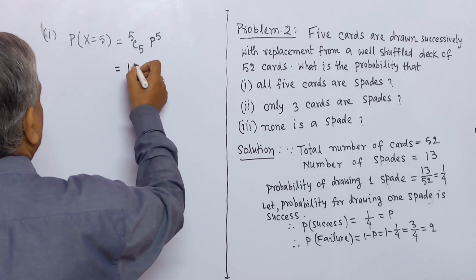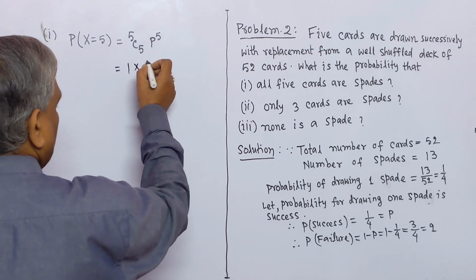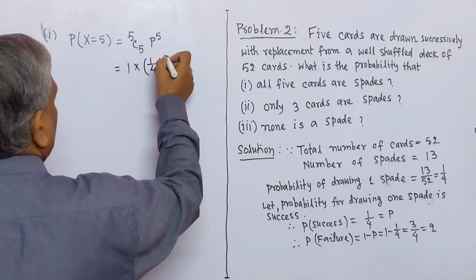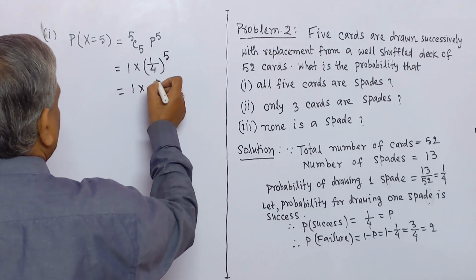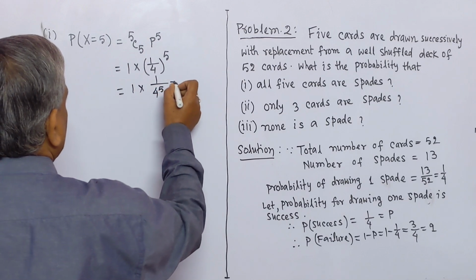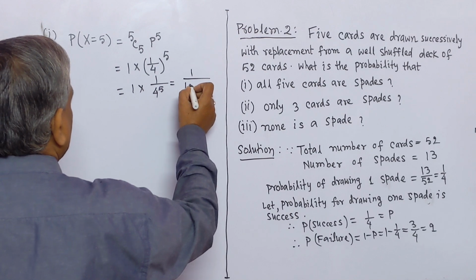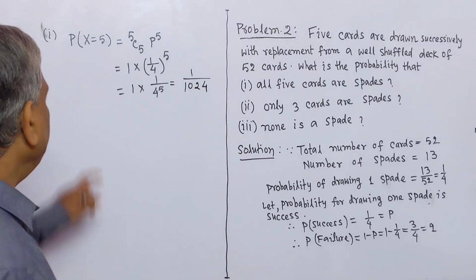This is 1 multiply p is 1 by 4 to the power 5. This is equal to 1 multiply 1 by 4 to the power 5. This is 1 by 4 to the power 5 is 1 by 1024. So, number 1 is solved.